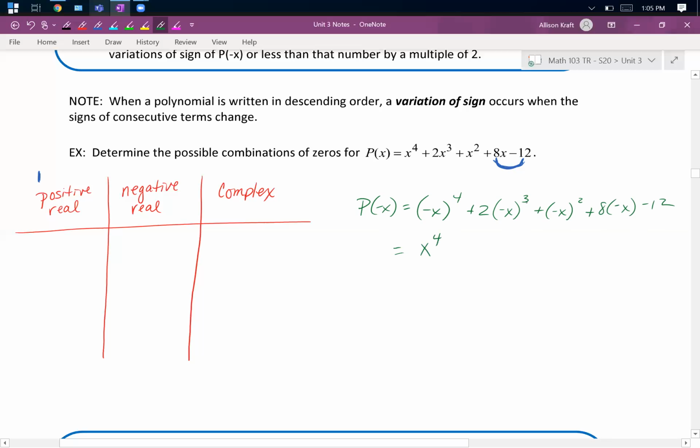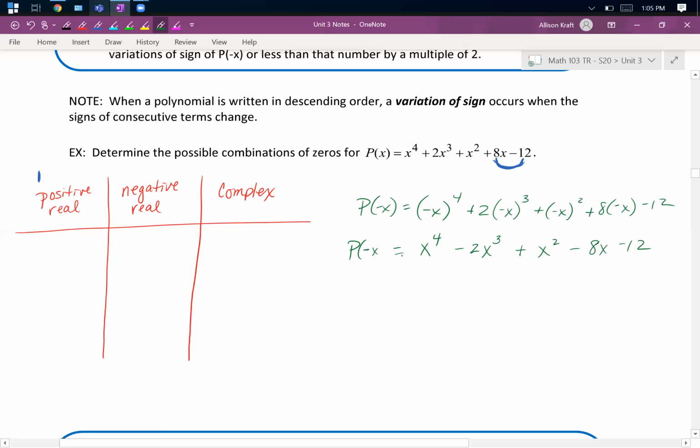A negative x raised to the 3rd power is negative, times that positive 2 is going to be a negative 2x to the 3rd. Negative x squared is going to be positive, so plus that positive. And positive times a negative is negative. And then our minus 12. So there is P of negative x.